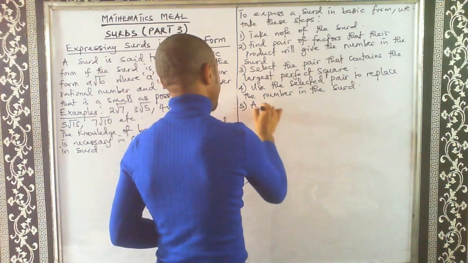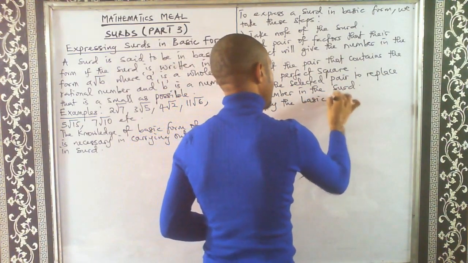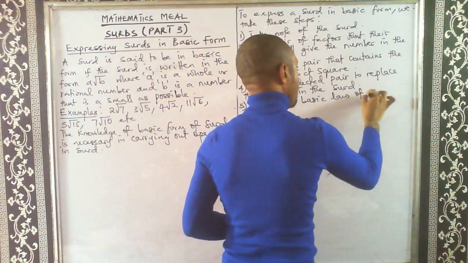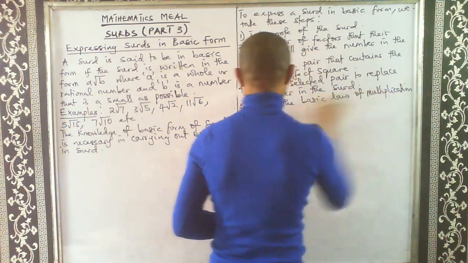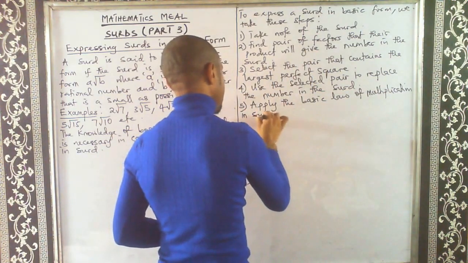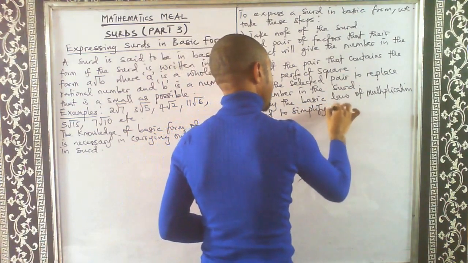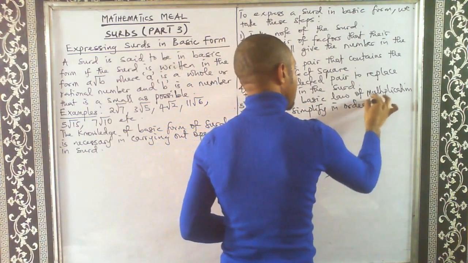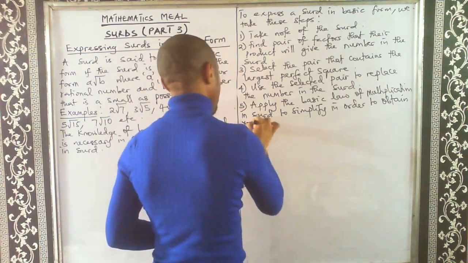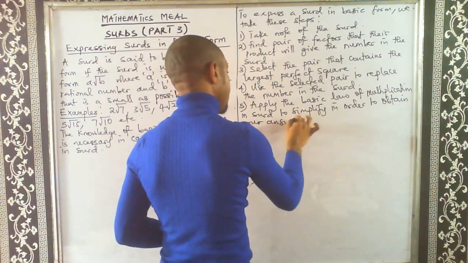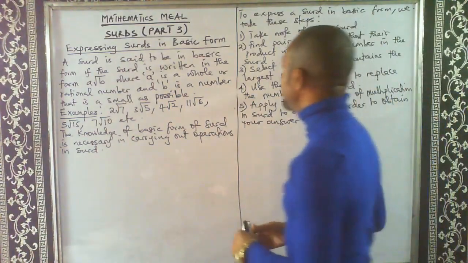Then apply the basic law of multiplication in surds to simplify in order to obtain your answer. Okay, wow, just 5 simple steps will do the magic.